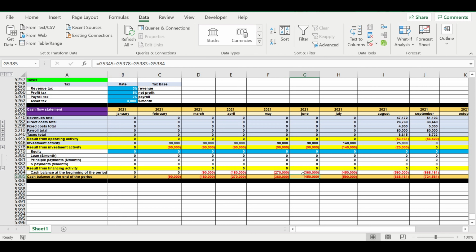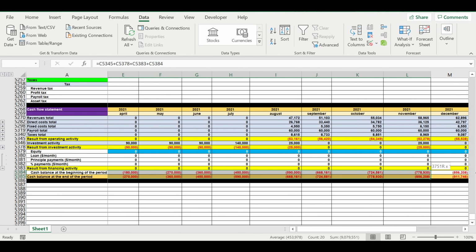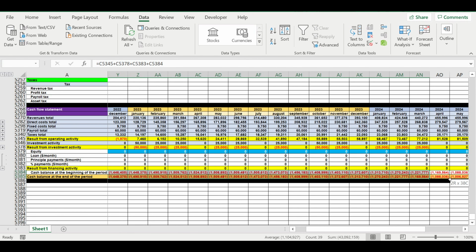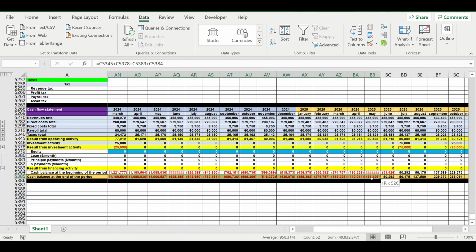So you need to put in more of your own money, your equity, or you have to take a loan. So this means that you have a cash gap. If you look at our cash flow statement, you may see that we have a period of negative cash balance.